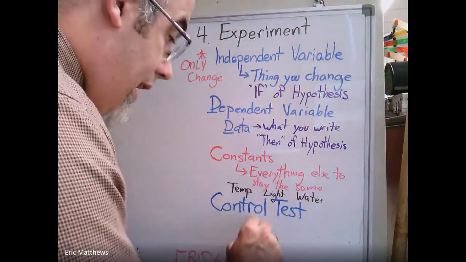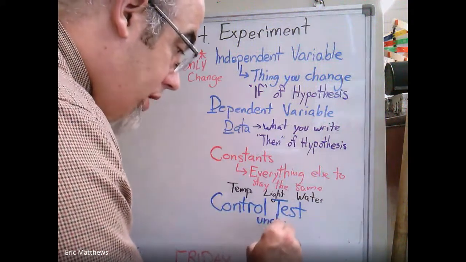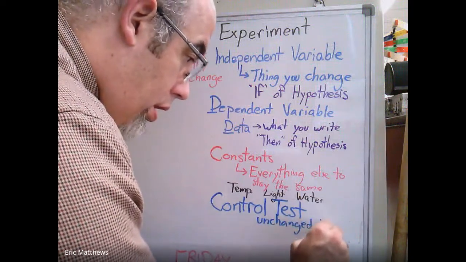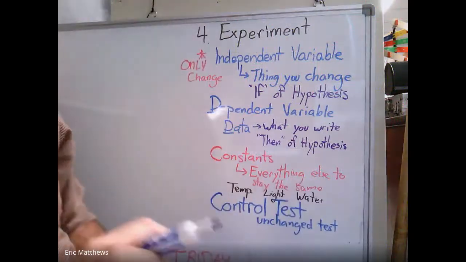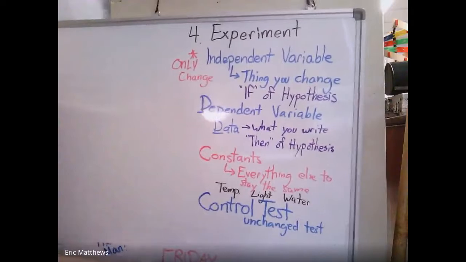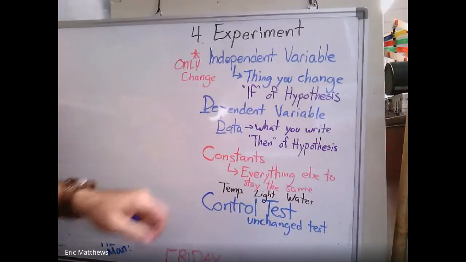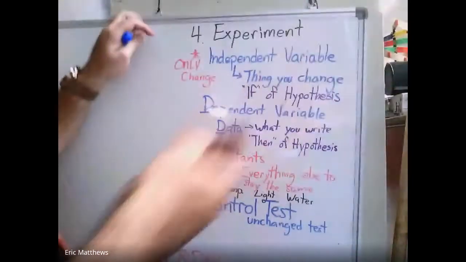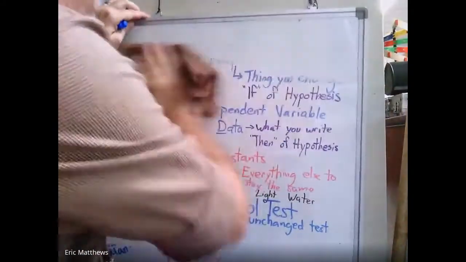Remember, this is that unchanged. I don't know if you can see this. Kind of see it. There we go. So if we're changing this, we need a control that has no changes. All right, our parts of the experiment all set.